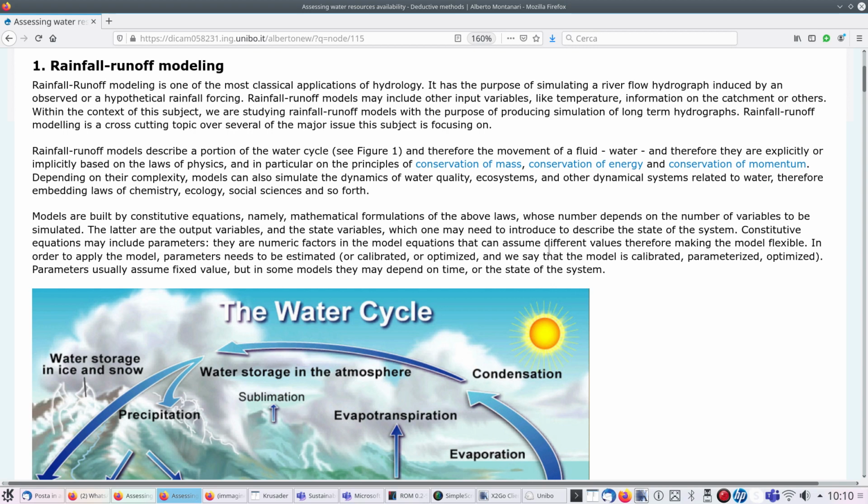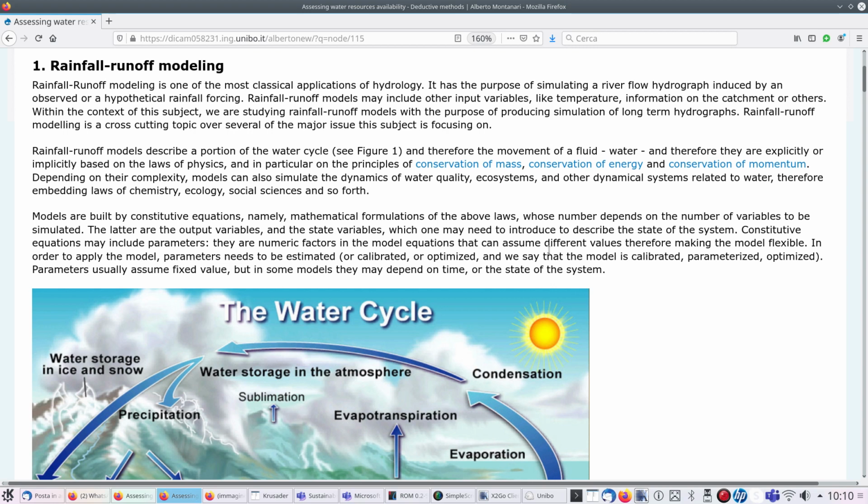And one possible solution is to use rainfall data to reconstruct the river flow through a model, a mathematical model that is called rainfall runoff model. Now, why is this solution attractive? Because you may say that if we don't have river flow data, why should we have rainfall data?